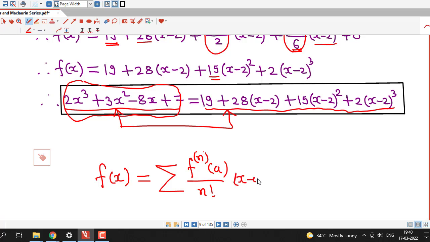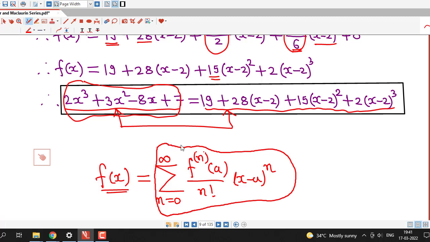This right hand side is the Taylor series of function f(x) at x equal to a. So we are not writing equality every time. We will write the equality whenever this power series is convergent to f(x) for values of x.